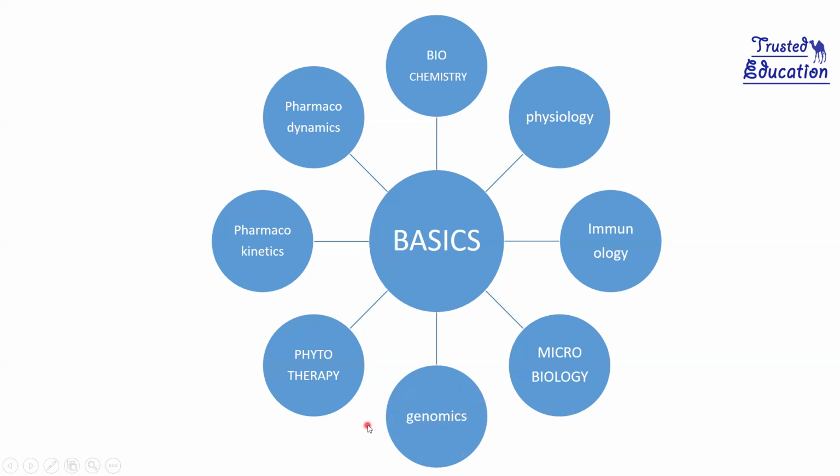We have to know them all. Before giving a certain medicine, you have to perform a gene screening on a particular patient to find out if they have that gene or not. All of that we can learn through our course.